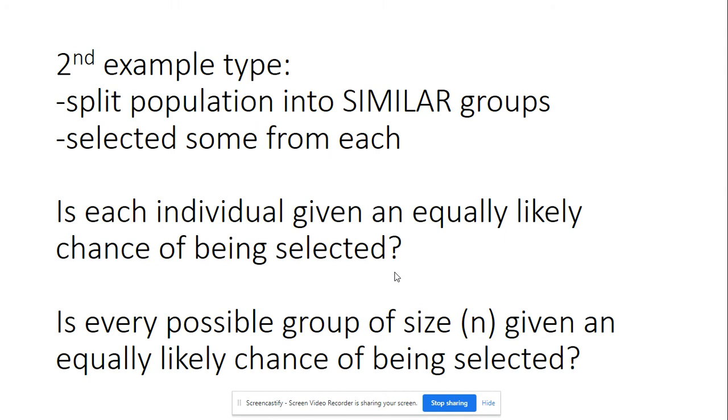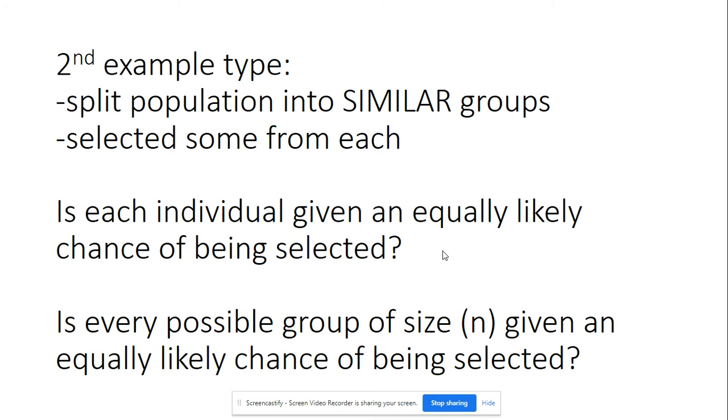So the second one, this was adults and children. Is each individual given an equal likely chance of being selected? How many adults did we have? 6. How many did we pick? 2. So their chance of being selected was what? So what was your chance of being selected when we were selecting 4 out of 12? 1/3, right?